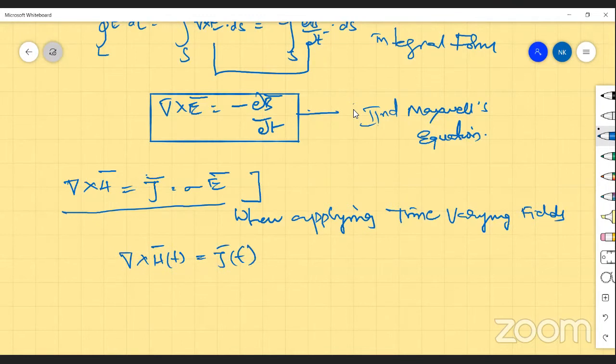Let us consider this is correct. Then mathematically del dot del cross H bar of t should equal del dot J bar of t, the divergence.